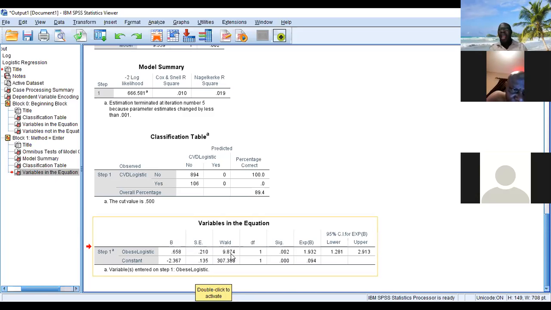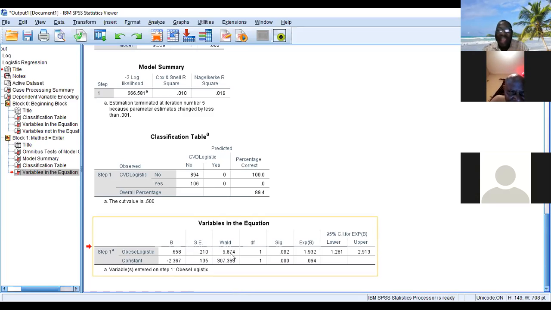So if you present all this, and somebody plays with the result, someone that knows what they are doing can pick the result and try to find out if you played with it. The origin of all this is that if you divide the beta by the standard error and square it, it gives you this 9.87 for the Wald statistic.